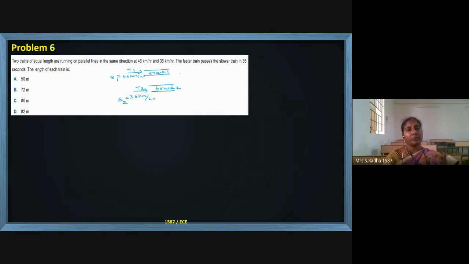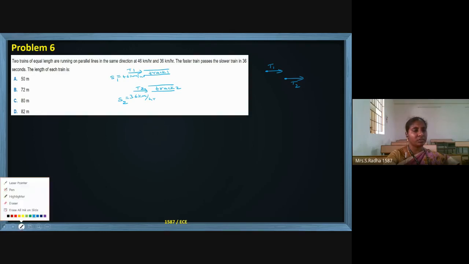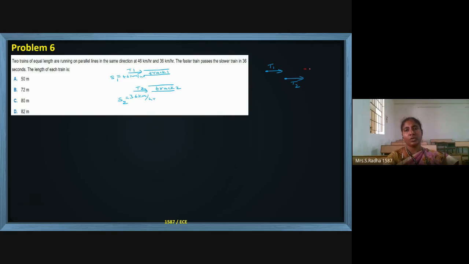Now, the faster train passes the slower train in 36 seconds. Here we have assumed train 1 is the faster train, and train 2 is like this. Initially the situation is like this, and the faster train crosses the slower train in 36 seconds.